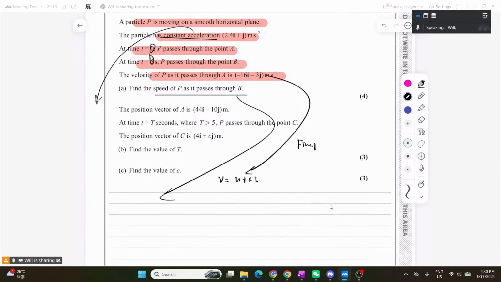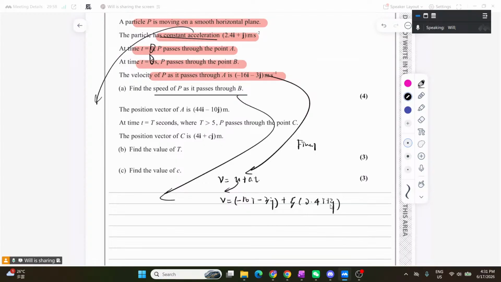So the final equals negative 16, if I shift the initial, 16i minus 3j, times t when t is 5, 5 times (2.4i + j).